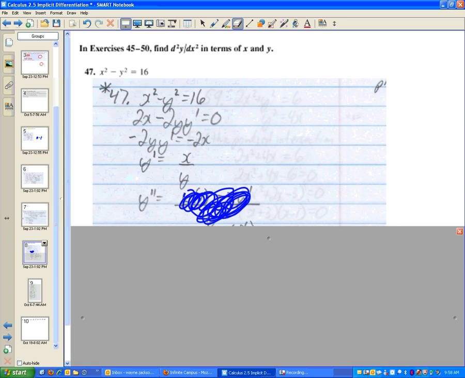I've explained I don't remember it. All right. Quotient rule: bottom, y, times the derivative of the top, derivative of x is 1, minus the top, x, times the derivative of the bottom, y prime, over the bottom, y squared.